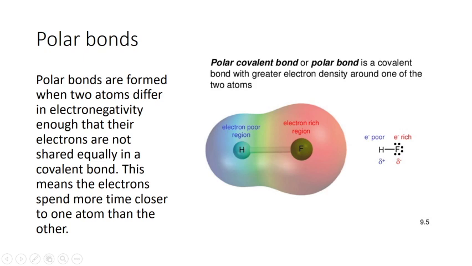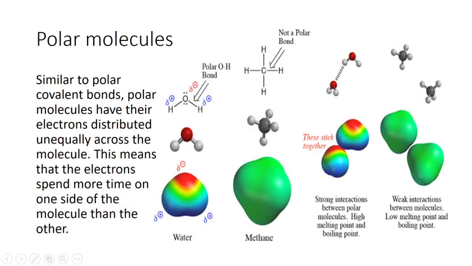There is still a separation of charge, and that means that polar molecules and polar bonds like this can interact with other polar bonds and polar molecules in ways that non-polar cannot, which we'll talk about later when we talk about intermolecular forces. So there is a slight difference between a polar molecule and a polar bond.